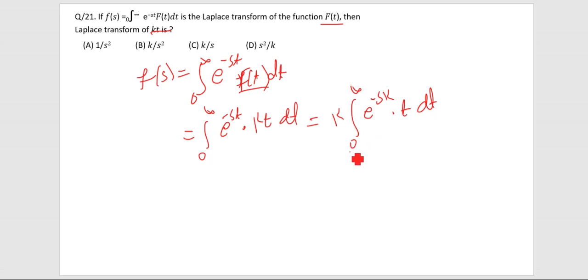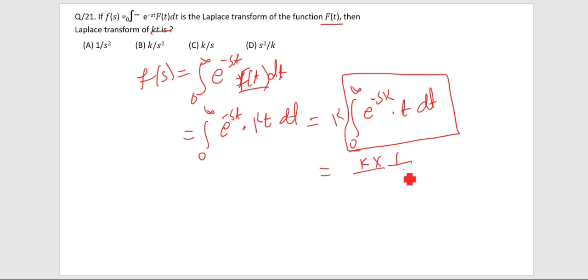If you remember, this is one formula of Laplace transformation. Putting the formula, I get k into 1 by s square, so this is k by s square. This is your answer, which is option number B.